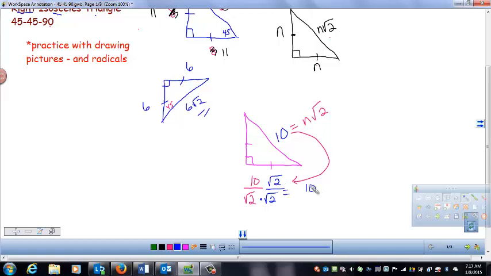And I get 10 square root of 2 over, when you take square root of 2 times square root of 2, you get just 2. It's just a rule in algebra. And then you have to think if you can simplify. This one I can simplify. So 10 divided by 2 is 5, so I get 5 square root of 2. That's the answer for this side, which means this side is going to be 5 square root of 2. Okay?